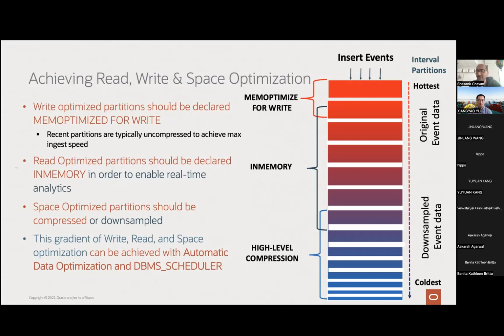For example, I'm just giving you an example. Or after this partition has exceeded 1 hour, compress it or move it to a different tier. So this kind of facility to automatically compress your data or reformat your data over time is important. And we have a scheduler capability to make that happen.